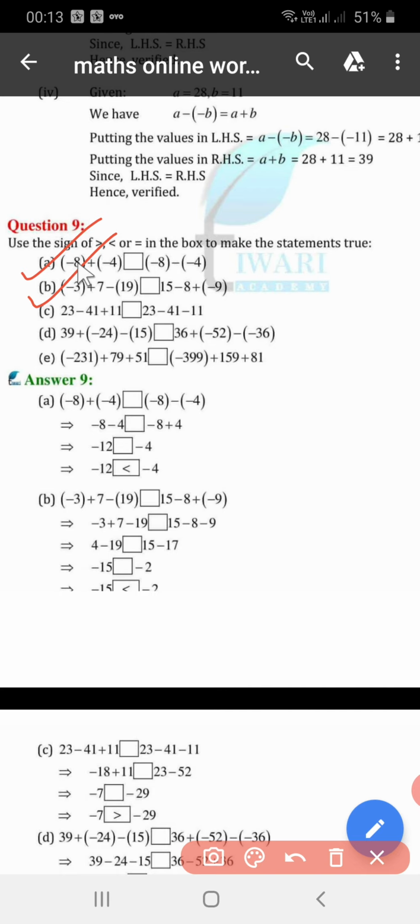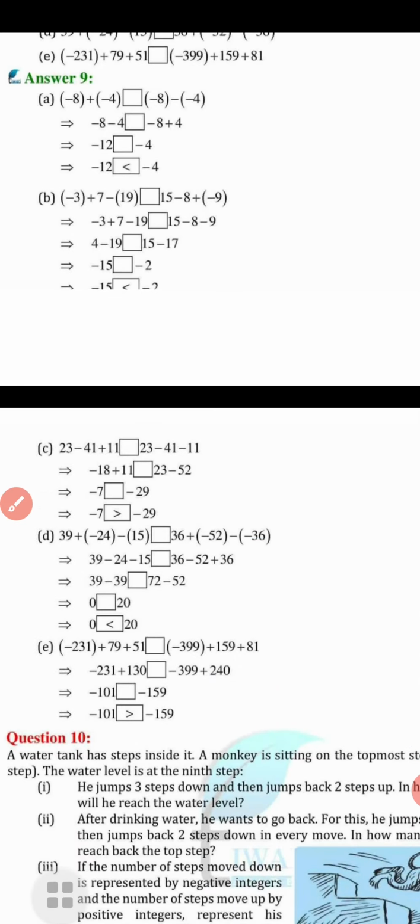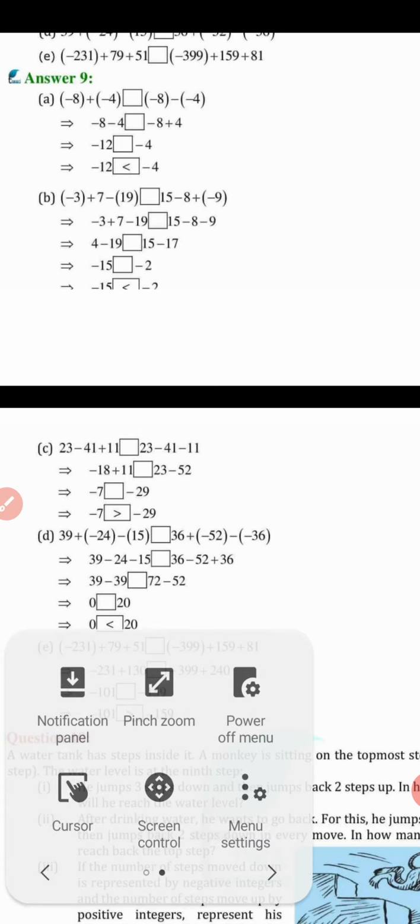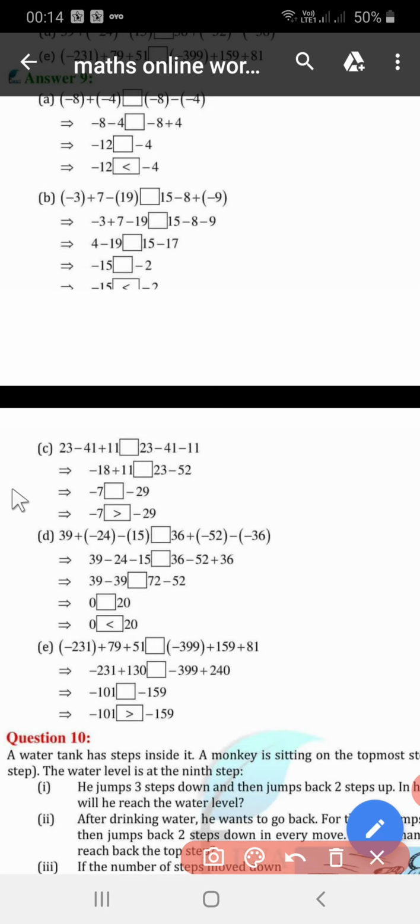Now part C. Look here, part C. 23 minus 41 plus 11. 23 minus 41 minus 11. Now see 23 minus 41 plus 11. First of all, what have we done here?